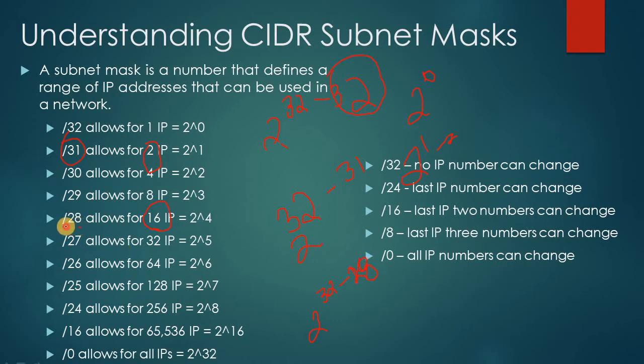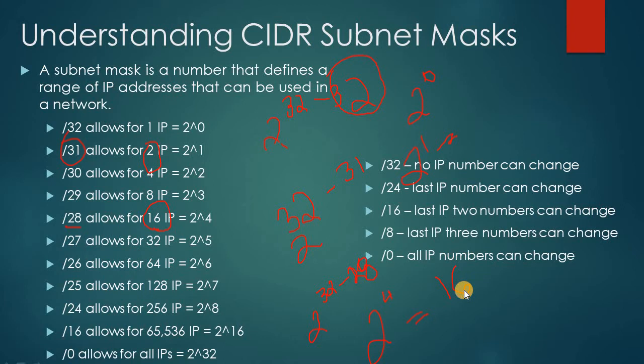This is a subnet mask. We need to type the subnet mask here. So we will have 2 to the power 4 left, 32 minus 28, 2 to the power 4, so we will have 16 IP addresses.